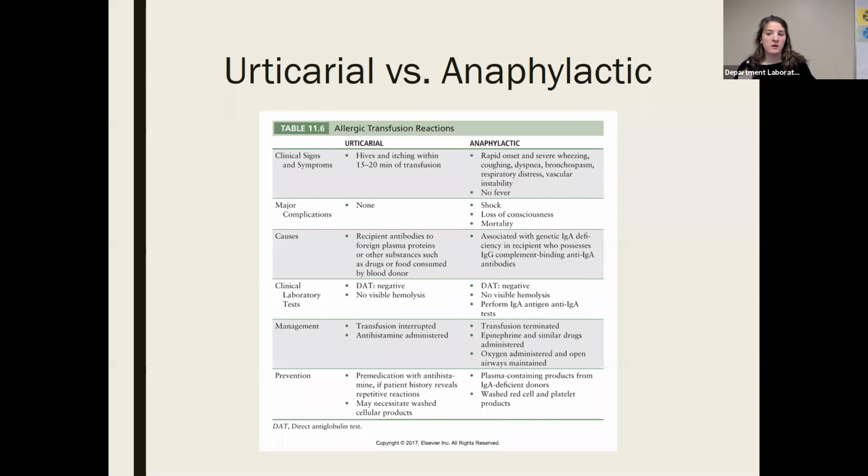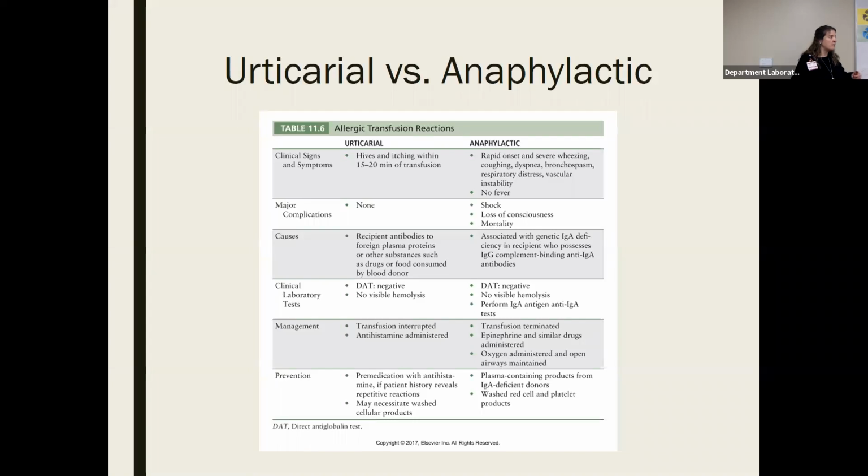I took this chart from your textbook, and it differentiates between a mild allergic reaction and an anaphylactic reaction. Notice in both of these, part of a transfusion reaction workup is performing a DAT. On that post sample, we will do a DAT. In the instance that we talked about, the delayed transfusion reaction, where that patient's anti-Kidd is now coating the cells, your DAT is going to be positive.